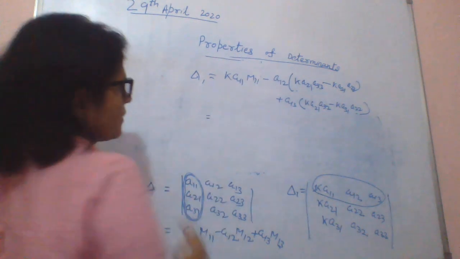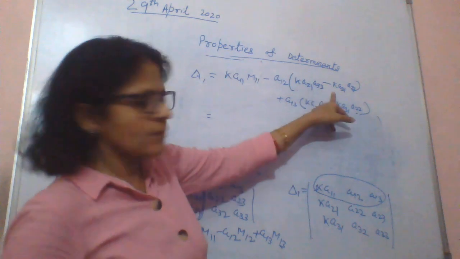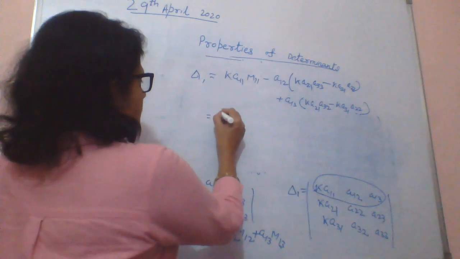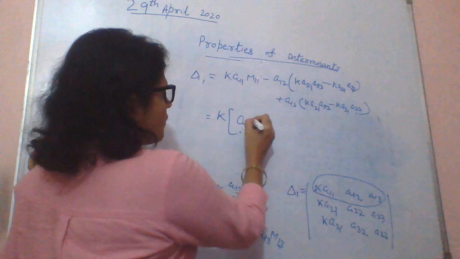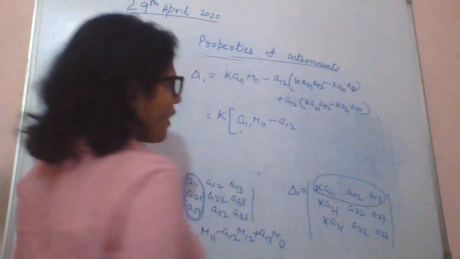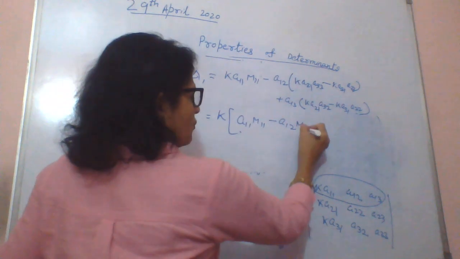So you have K here, and from here you can take K common. Means you can take K outside. A11 M11 minus A12, after taking K common, this is your M12.